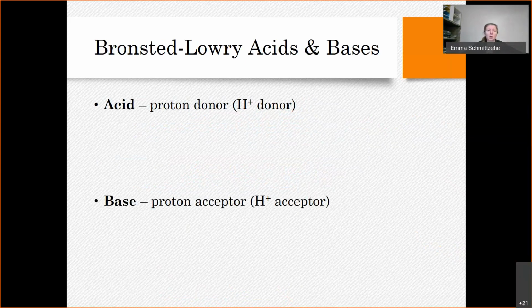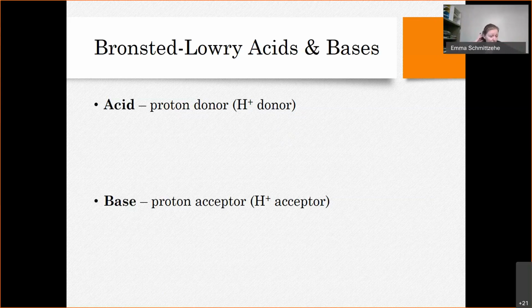The Bronsted-Lowry definition of acids and bases says that an acid is a proton donor. So it's putting it a little bit differently. Instead of saying we have a substance that produces H+, it's something that donates a proton. Essentially those are saying the same thing, just a different way.